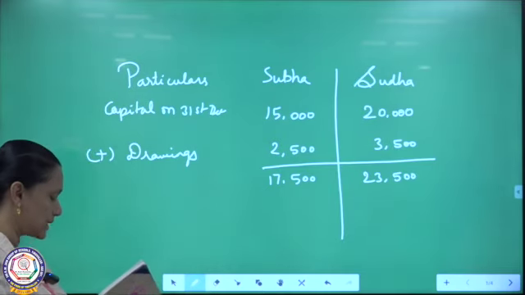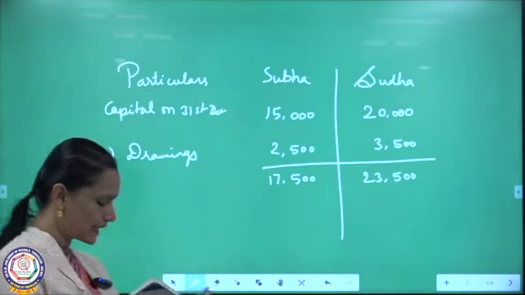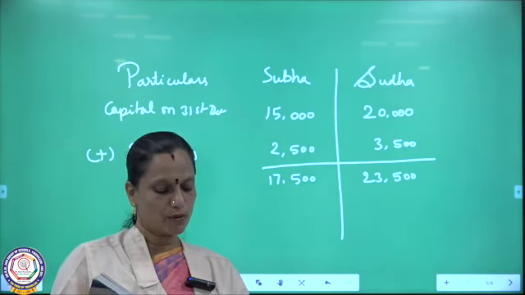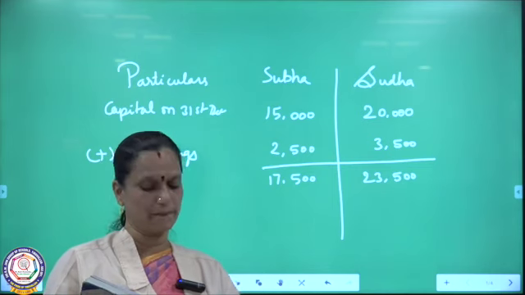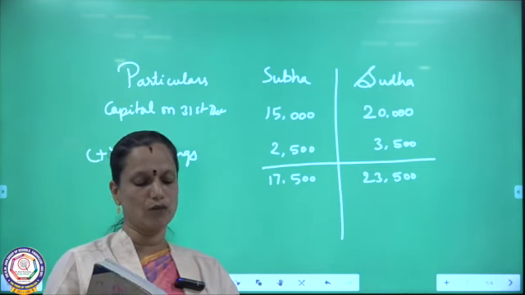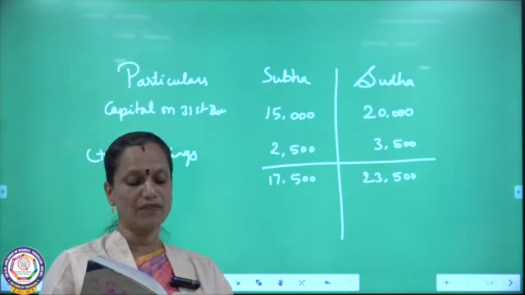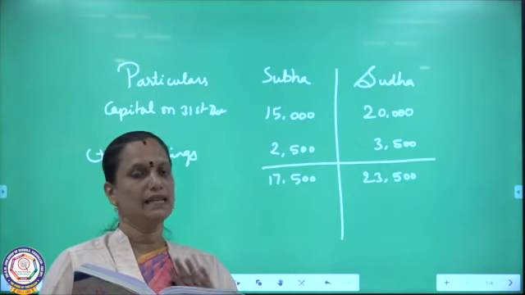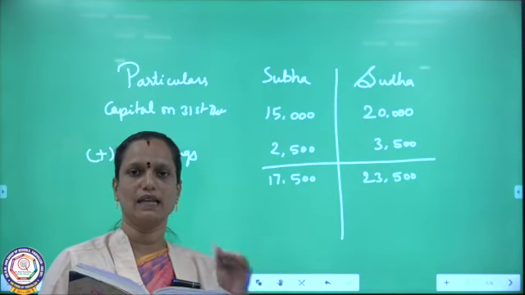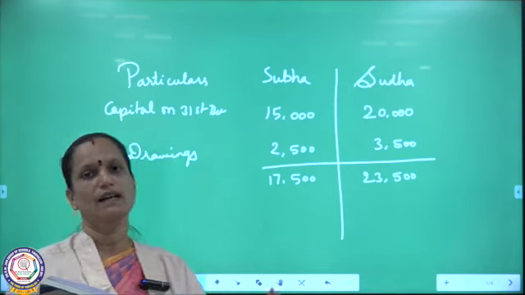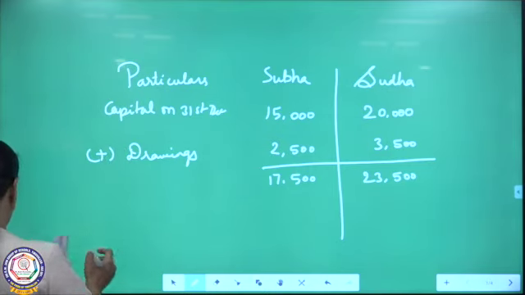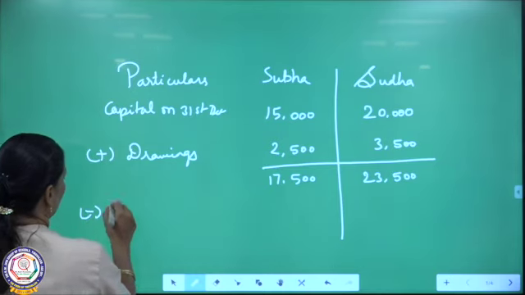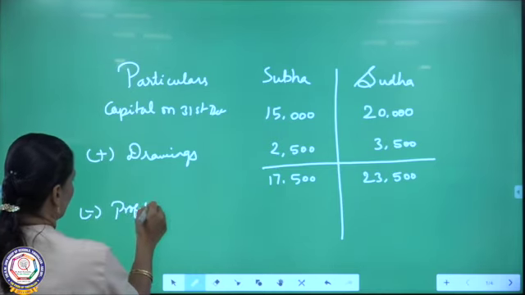Okay. Then, in this sum already they have given the profit here. Profit earned during the year was 15,000, they have given. Here in the sum itself, they share profit and loss equally. They did not mention any ratios. Okay. Equally they are sharing their profits. So, what we should do, less profit.